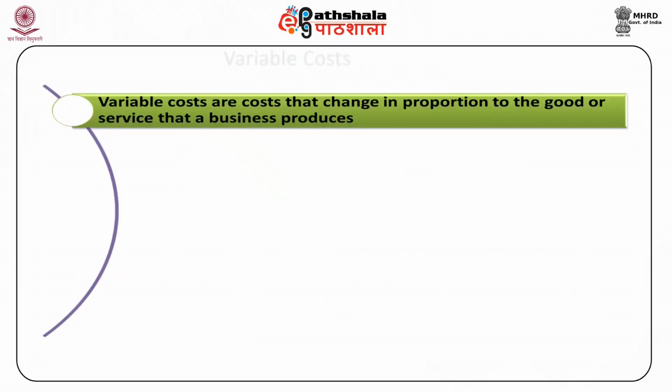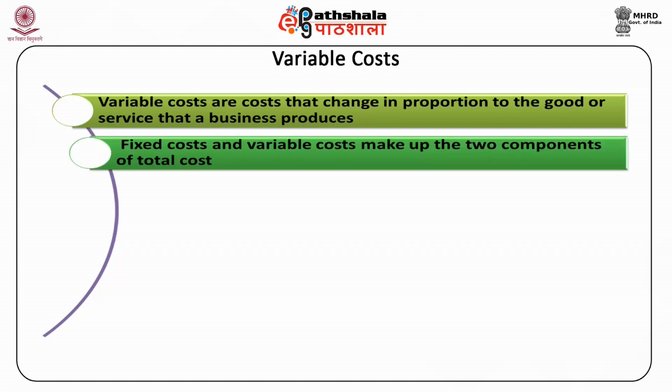Variable costs are costs that change in proportion to the goods or services that a business produces. Variable costs are also the sum of marginal costs over all units produced. They can also be considered normal costs. Fixed costs and variable costs make up the two components of total cost.